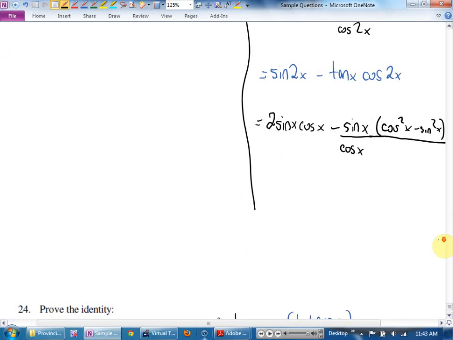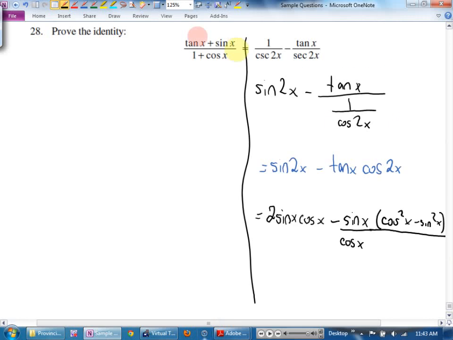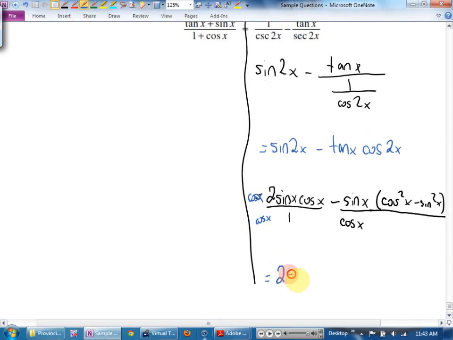And that's going to give me 2 sine x cos squared minus, because this is already over cos, sine x cos squared plus sine cubed all over cos x. Now the cubed makes me a little bit nervous here, but you know, they said this was a nasty one, so bring it.